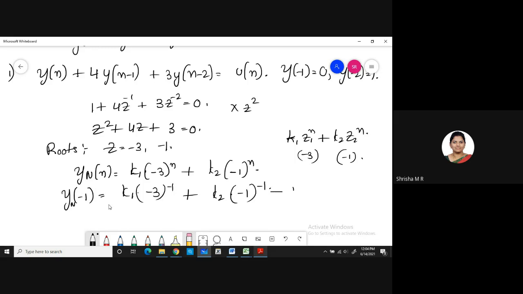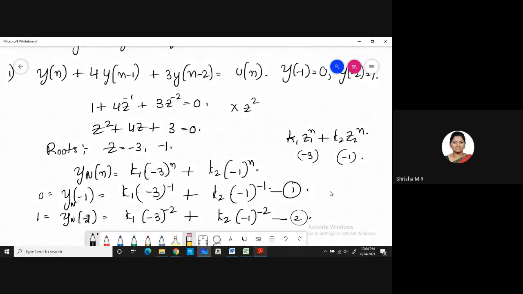This is equation 1, equal to 0. And yn of minus 2 is k1 into minus 3 to the power of minus 2 plus k2 into minus 1 to the power of minus 2. This is equation 2, equal to 1. Now try solving this, equating the first equation to 0 and the second to 1, because those are the initial conditions for the problem.